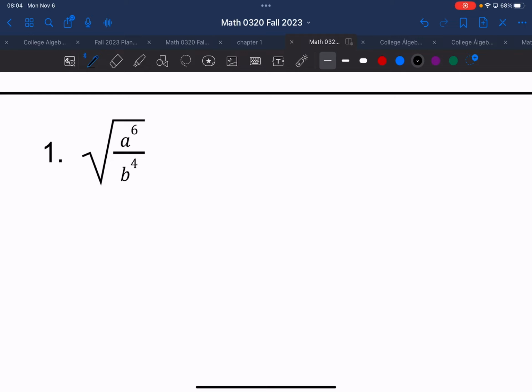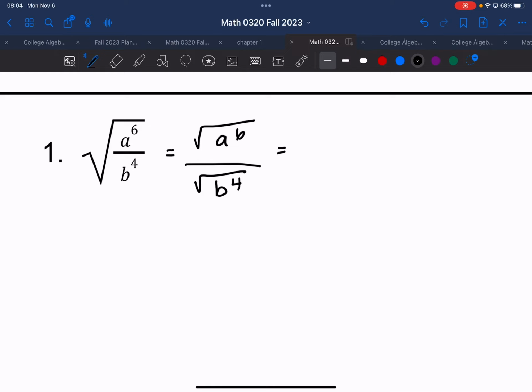So let's go ahead and do that method first. So this can be rewritten as the square root of a to the 6th over the square root of b to the 4th. So that's using that property of division that says if we are dividing a fraction, we can give that radical to the numerator and the denominator.